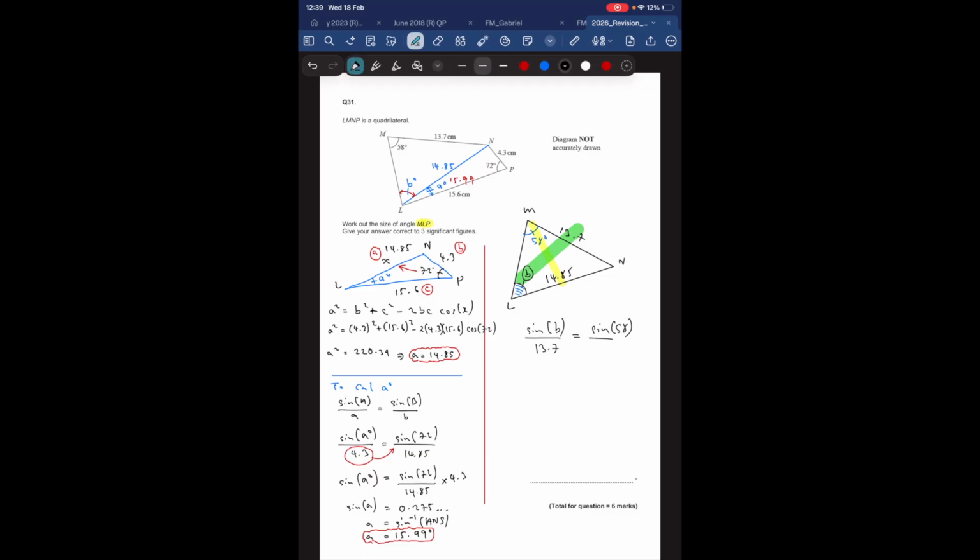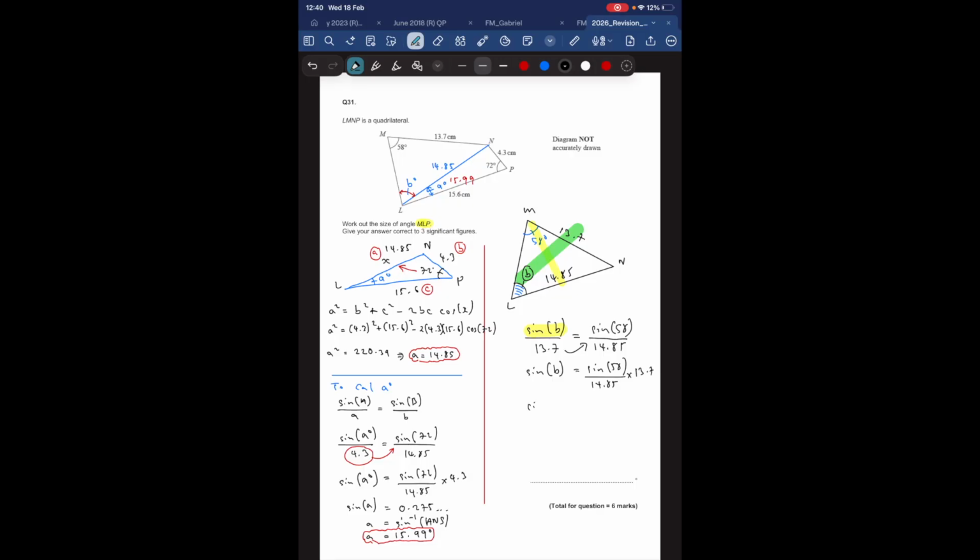So the sine rule basically enables you to make an equation which you can then solve to work out either an angle or a length. In this case, what we're trying to work out is this angle B. So we need to move the 13.7 over to the right so it becomes a multiply. So we'll end up with sine B equals sine 58 over 14.85 times 13.7.